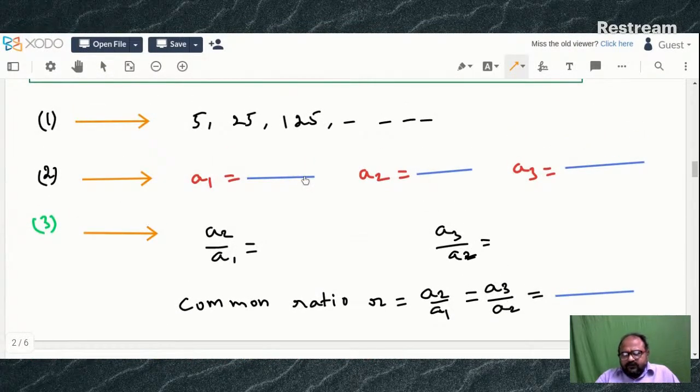Yeah, you just observe this. The first term is 5 and the second term is 25. Third term is 125. We can fill up these gaps now.